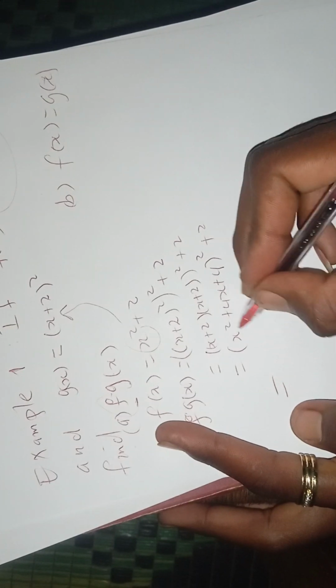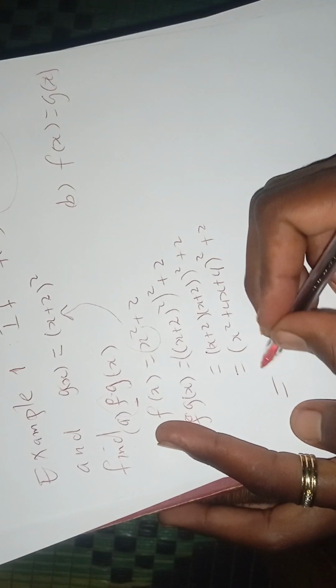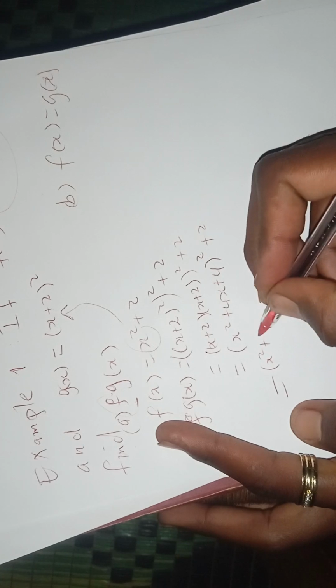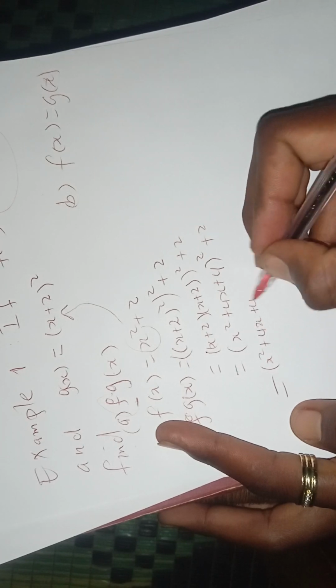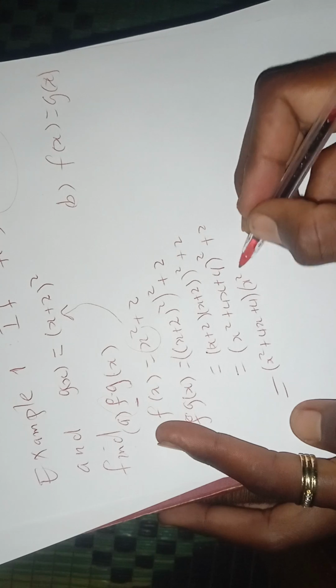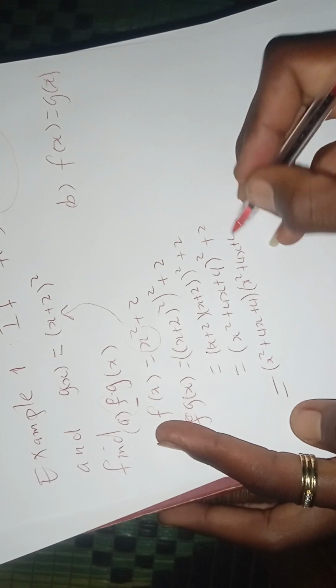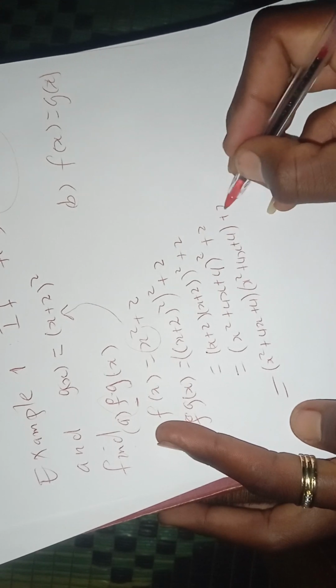And then expanding our bracket again to the power 2, our bracket will be x squared plus 4x plus 4 multiplied by x squared plus 4x plus 4, plus these 2 outside here.